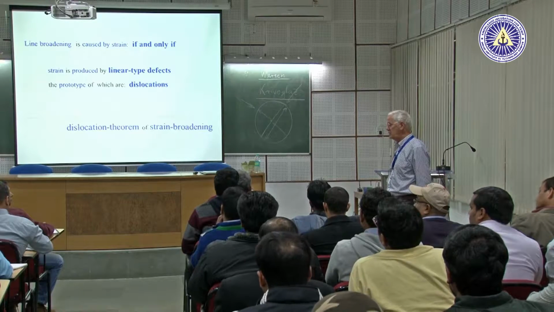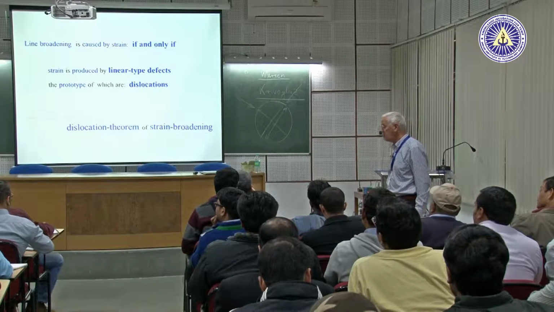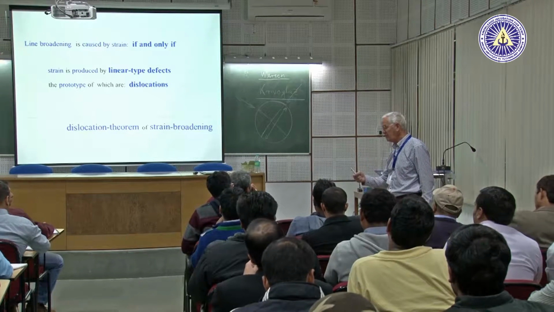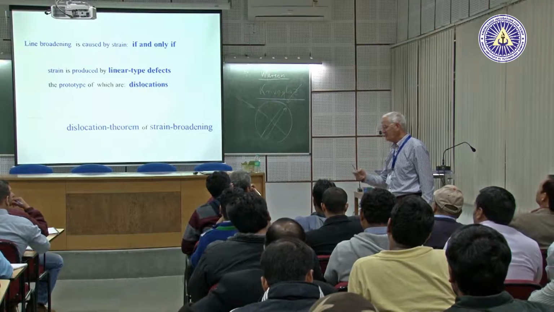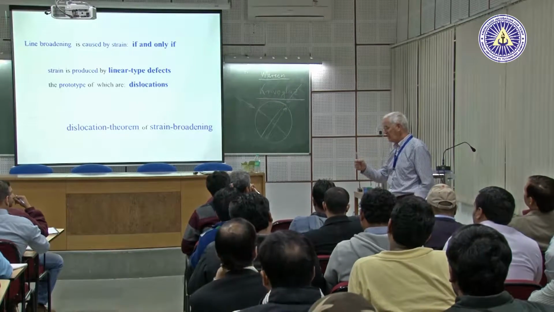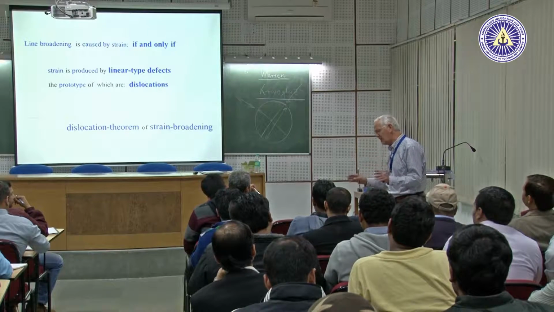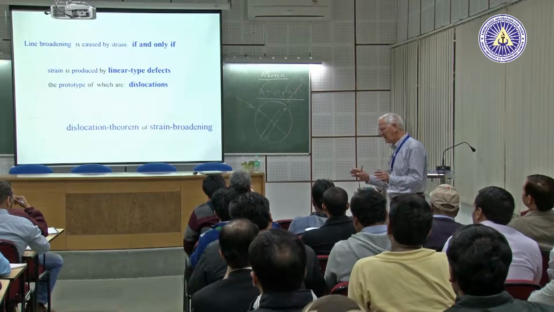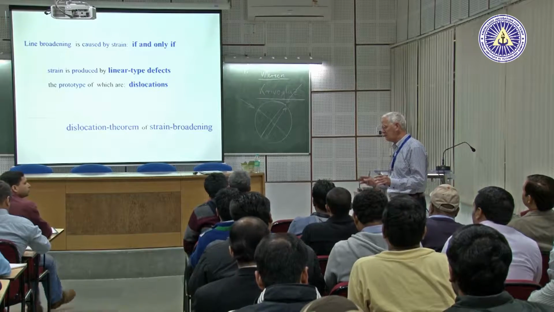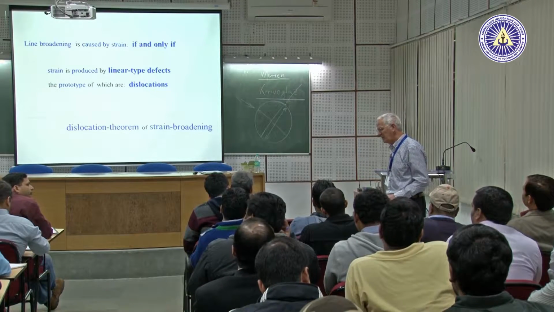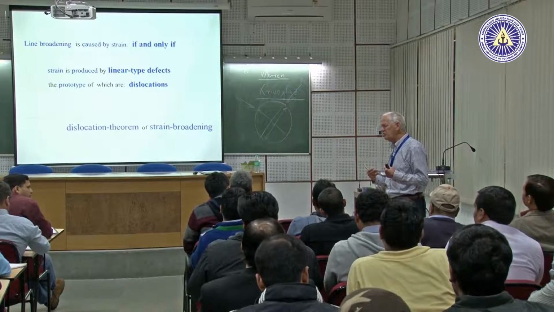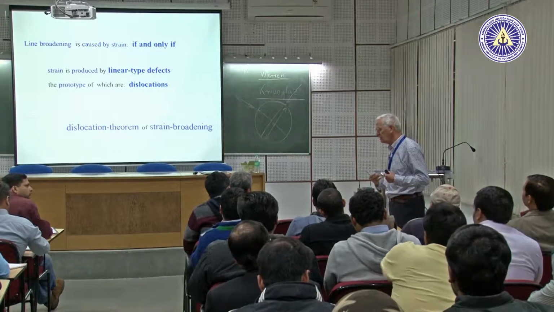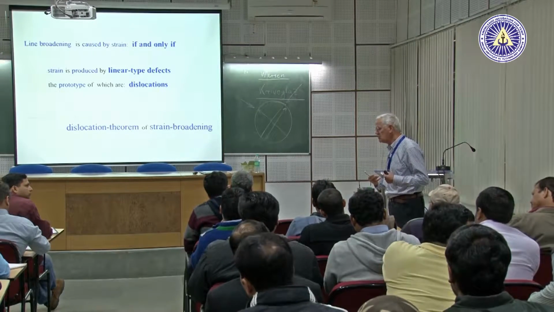Yes. But line broadening, I'm saying that line broadening, you see, because point defects produce a Huang scattering, planar defects make a shift, and also a broadening because the streaks are projected. That is actually not a strain effect. I can come back to that if we have time to talk about planar defects. Okay? So the effect of planar defects is apparently similar to dislocations, but it can be shown that it is not.